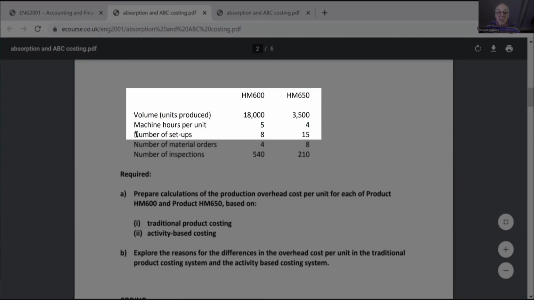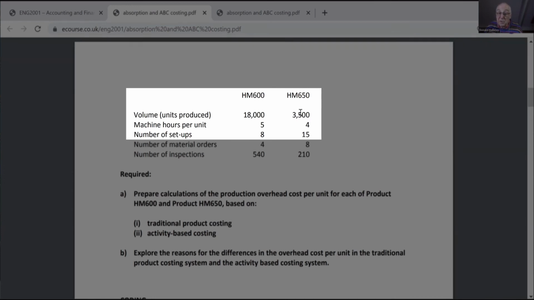And the number of setups associated with production of this particular product is 8 during the production cycle. And HM650 looks very much more intensive. The volume going to be produced is only 3,500. It is going to demand a production setup of 15. So much smaller runs here than with this particular product.